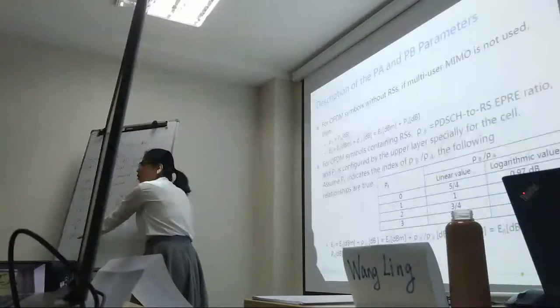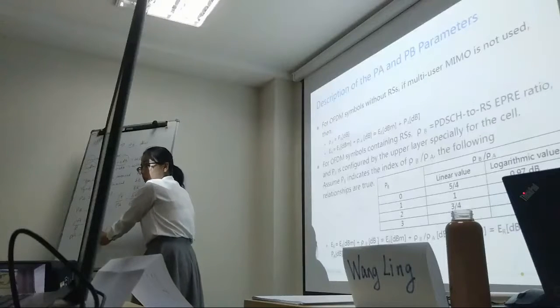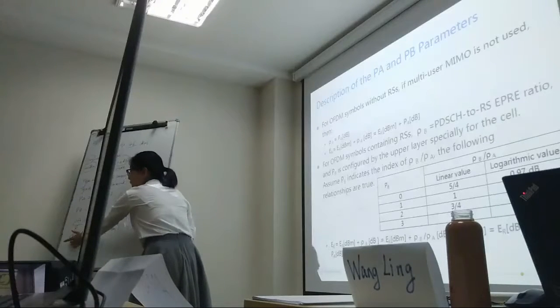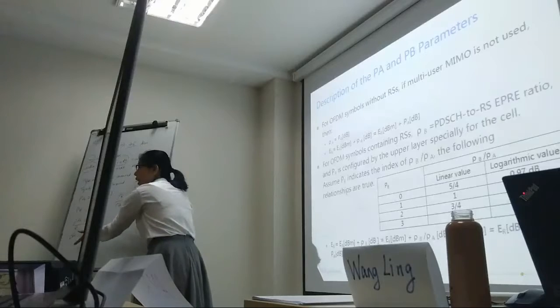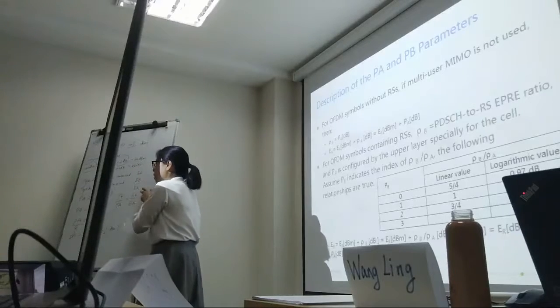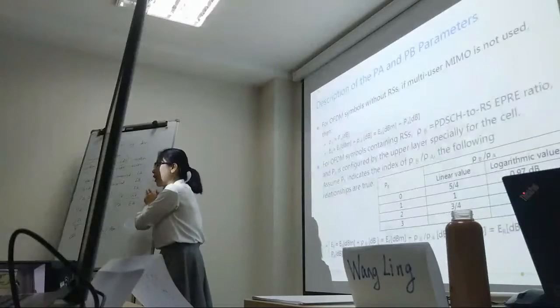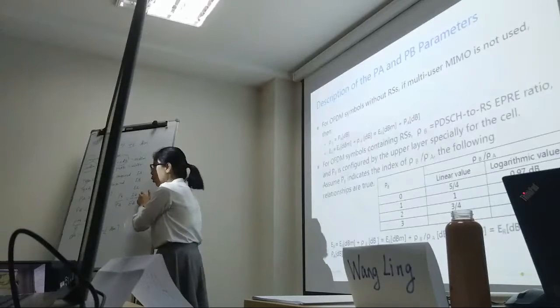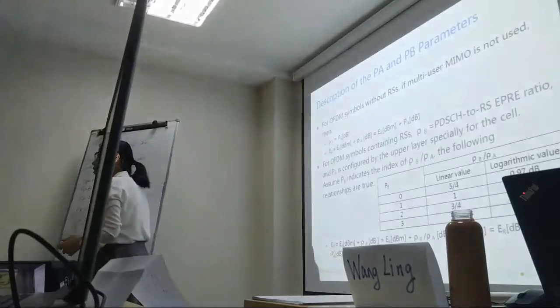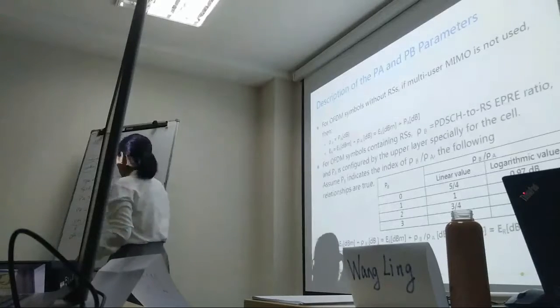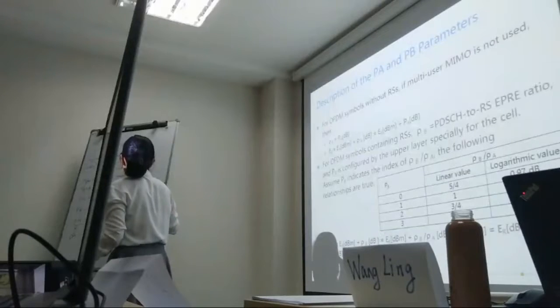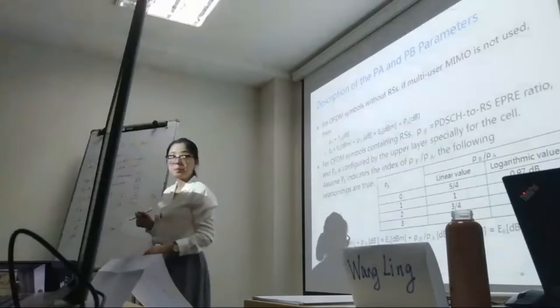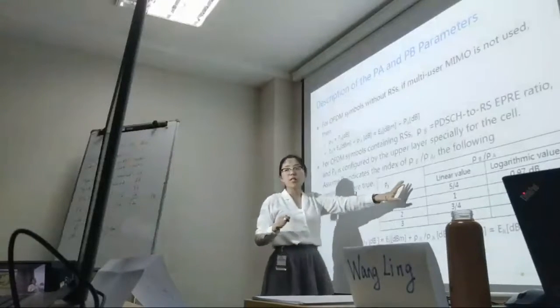Yes, from the energy of the reference signal and the PA we define, we can get the EA. So if we know the type A RE and type B RE relation, we will get the type B RE energy. So we define this value, and it will have a relation with the PB. So this is a relation.